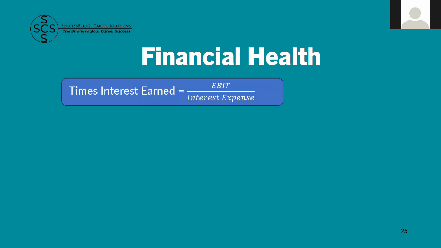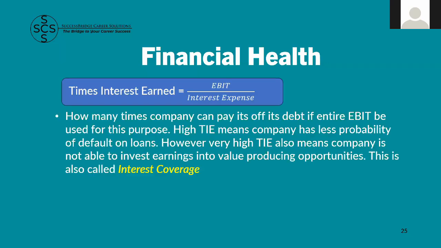Times interest earned is also called interest coverage, which is defined as EBIT divided by interest expense. What that means is how many times a company can pay off its debt if its entire EBIT is used for this purpose. Now, high TIE means that the company has less probability of default on loans on the one hand, but a very high TIE also means that the company is not able to invest its earnings into value producing opportunities.